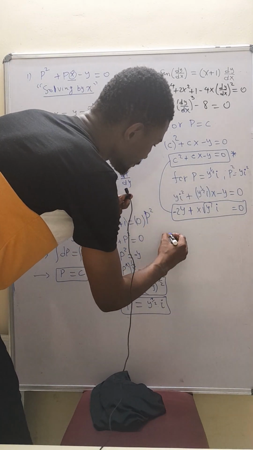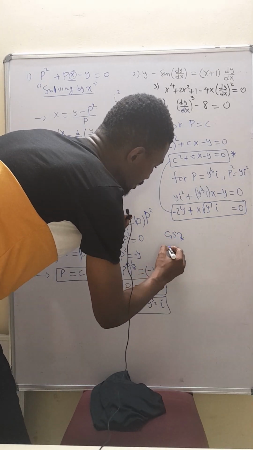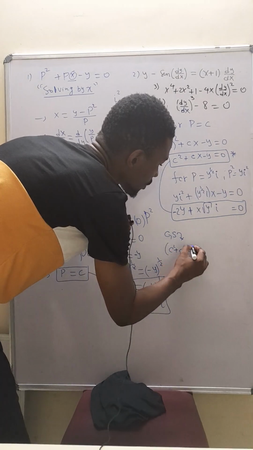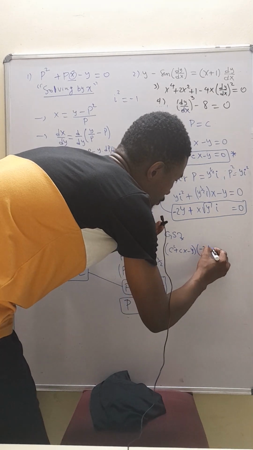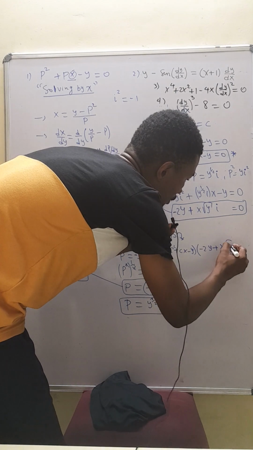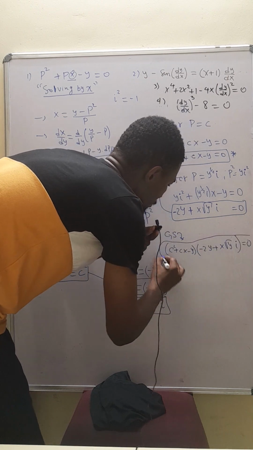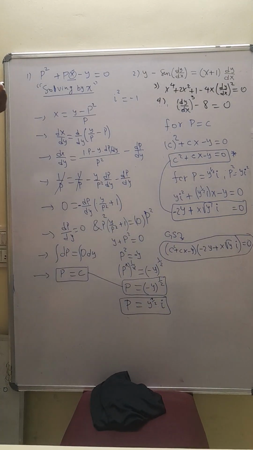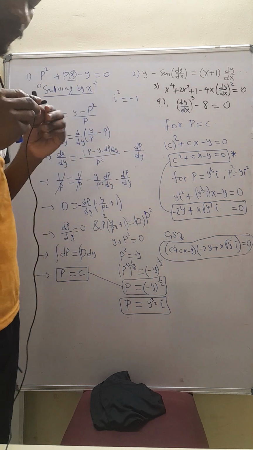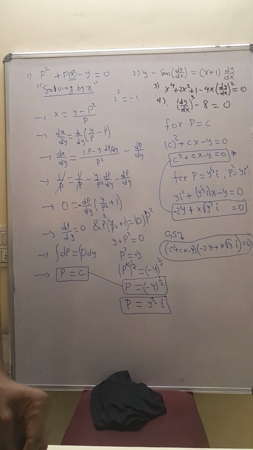So the general solution will be directly: c squared plus cx minus y, times minus 2y plus x root y times i, equal to 0. This will be your general solution, and this is okay. Now let's go for the next exercise.